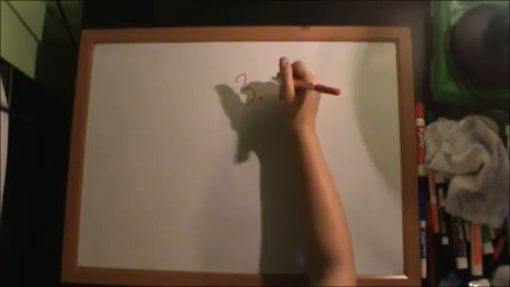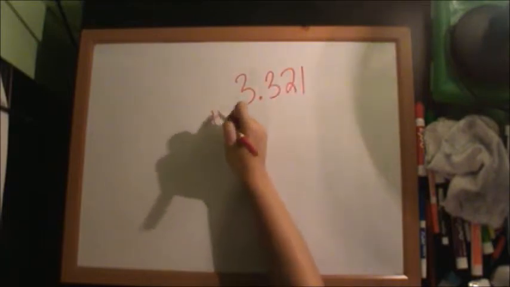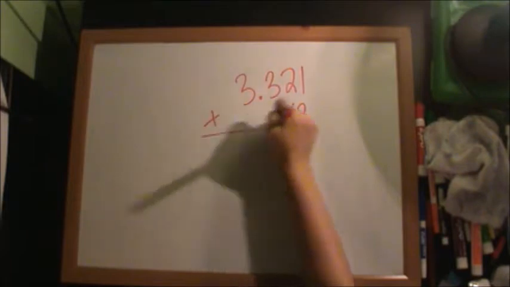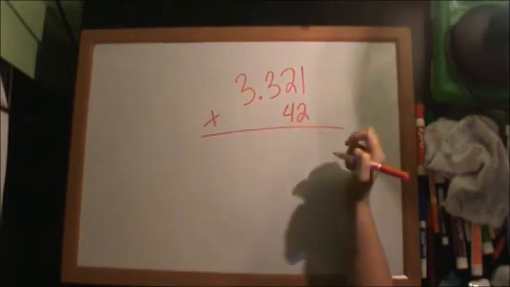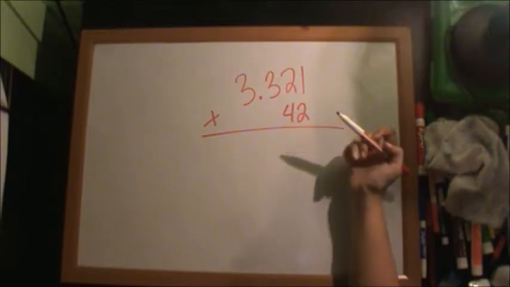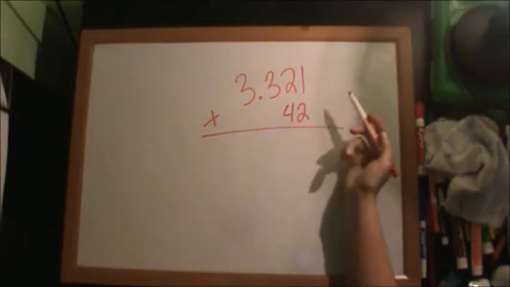Alright, so let's say we have 3. I don't know why I keep choosing 3s and 2s. It's just a thing I do. Okay, so I'm going to do 3 and 321 thousandths times 42.